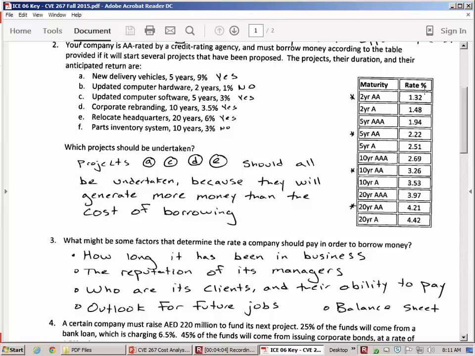How much does it cost them to borrow money for 2 years? It costs 1.32%. So they shouldn't do that project because this project B only gives them 1% return, but they paid 1.32% to borrow the money. So that would be losing money and doing work on top of it. So they shouldn't do that project, and so on. Any questions so far?